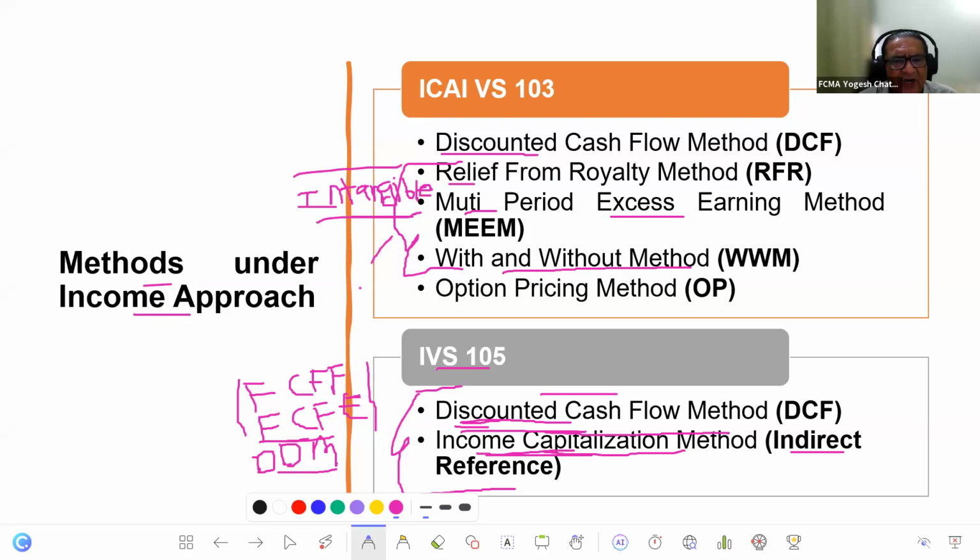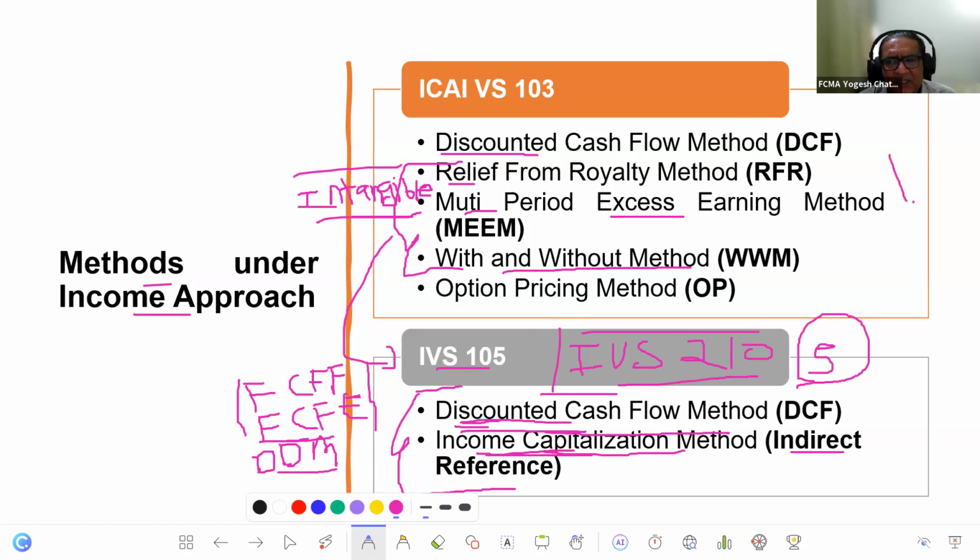A question will come: why are these methods not there under the International Valuation Standards? These methods are already there, but that is in IVS 210. IVS 210, as we all are aware, is related to valuation of intangible assets. And there are 5 methods of valuation for intangible assets under the income approach in IVS.